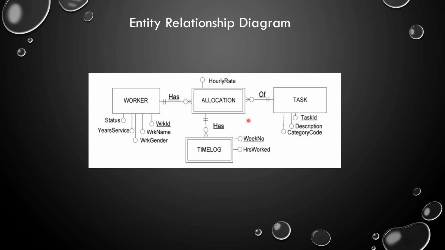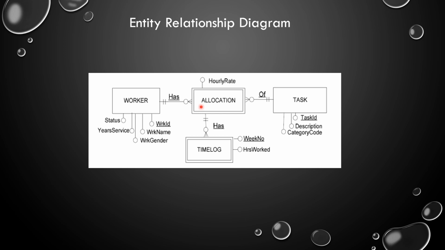There are two weak entities in this ERD and you can recognize the weak entity because it has two boxes like this. In this ERD, time log and allocation are the weak entities and they have the borrowed identifiers.